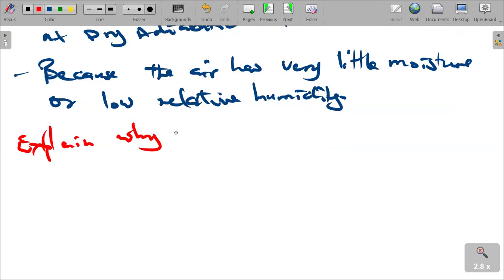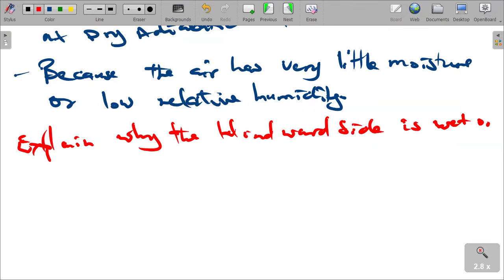Explain why the windward side is wet, or why it has rain. I'm sure you should be able to understand that it is because of the moist air that is rising up on the windward slope.